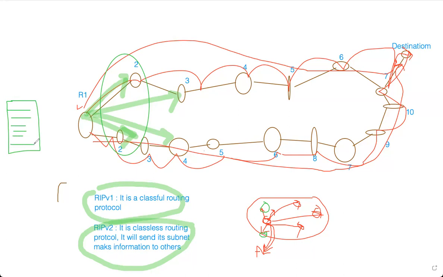There are 1,000 routes in the routing table. RIP version 2 will send the entire routing table to the connected routers, saying, "Hey, it is my routing table, you can check my routing table with that." So it will share its route database with other peers every 30 seconds.